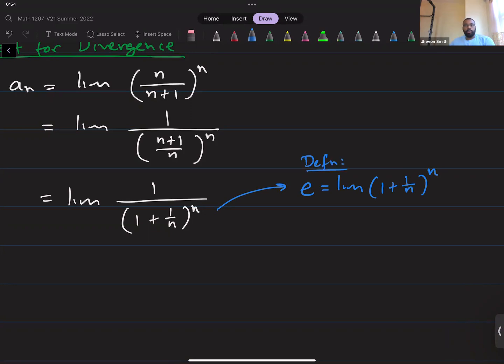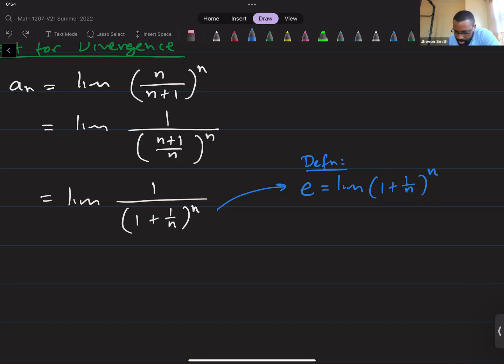Right, so that's how e was developed. It really comes from the compound interest formula. So this was the principal, the rate divided by the number of times compounded per year. And if you let the number of times compounded per year go off to infinity, assuming 100% interest rate starting with $1, that was defined to be the number e by Euler. And so that is where the number e comes from.